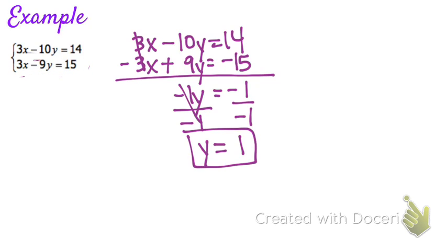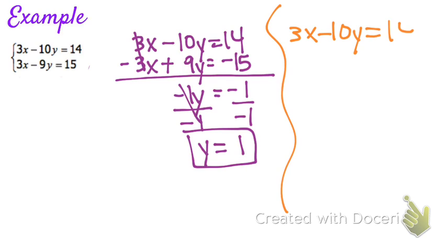Now in this case, neither looks that much easier than the other, so I am just going to pick the top one. This 3x minus 10y equals 14. If y equals 1, I'm going to substitute that in for y here. So I have 3x minus 10 times 1 equals 14.